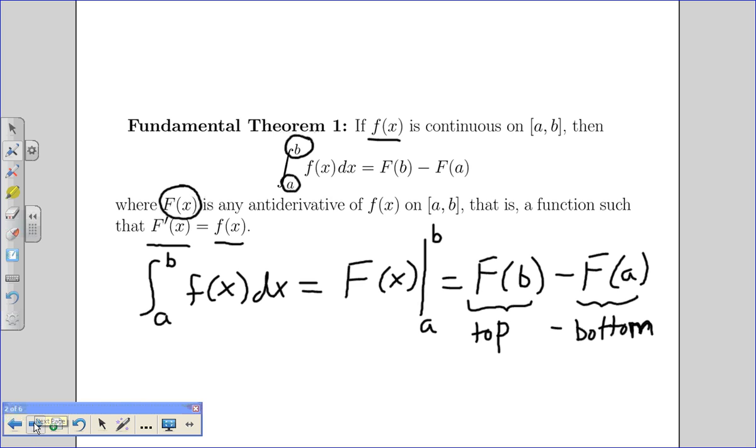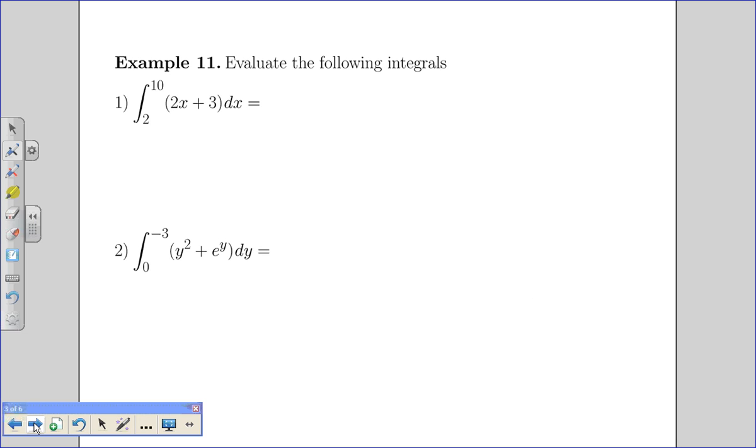So let's look at our first example. Here we have the integral from 2 to 10 of the quantity 2x plus 3. If we integrate, the integral of 2x is 2x squared divided by 2. The integral of 3 is 3x.